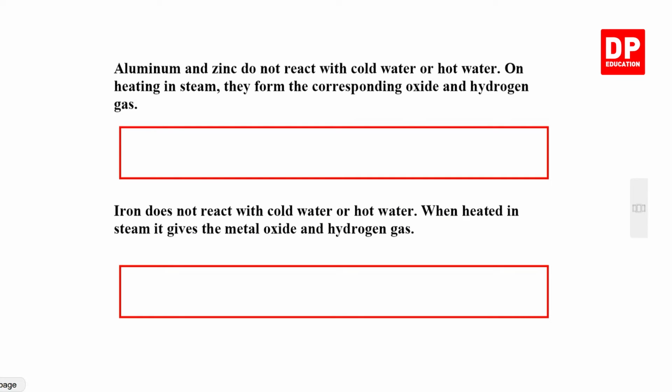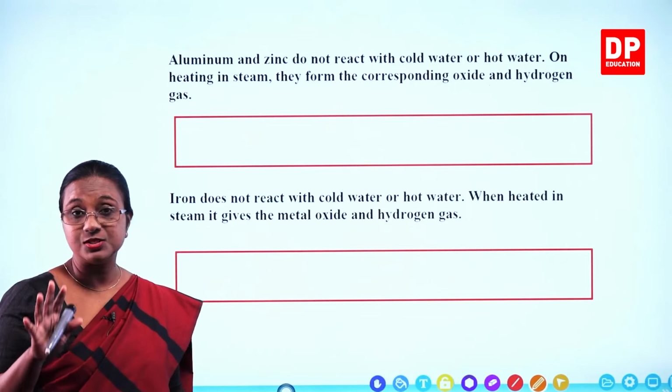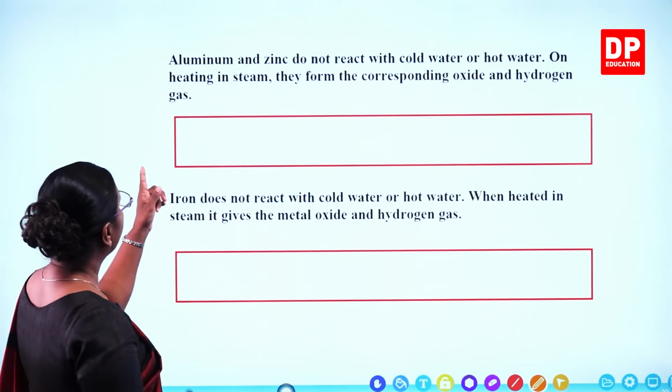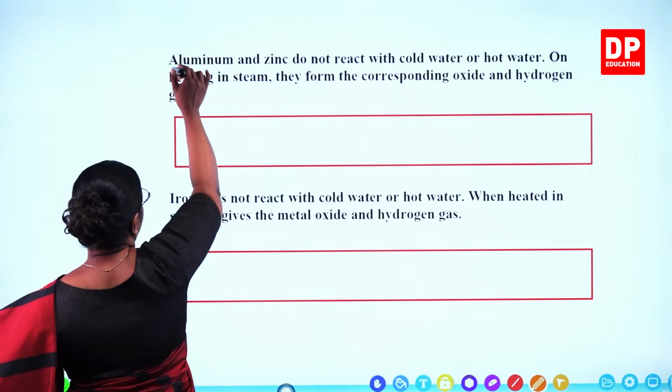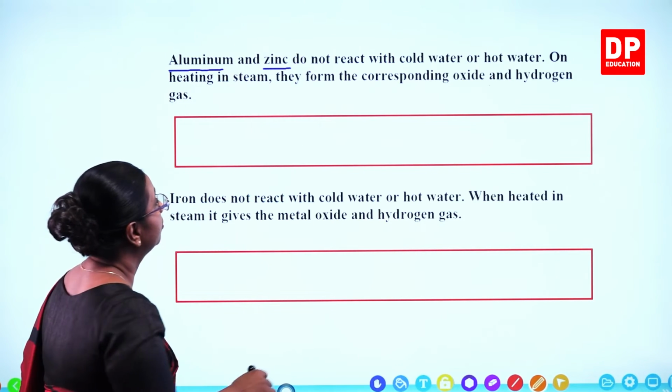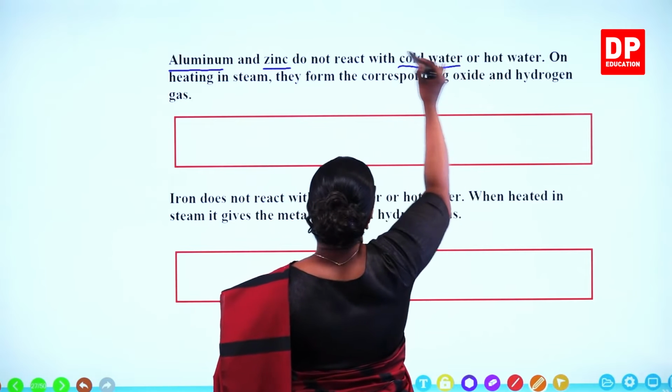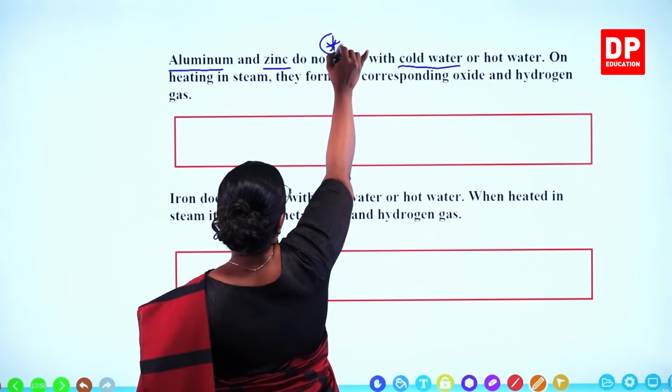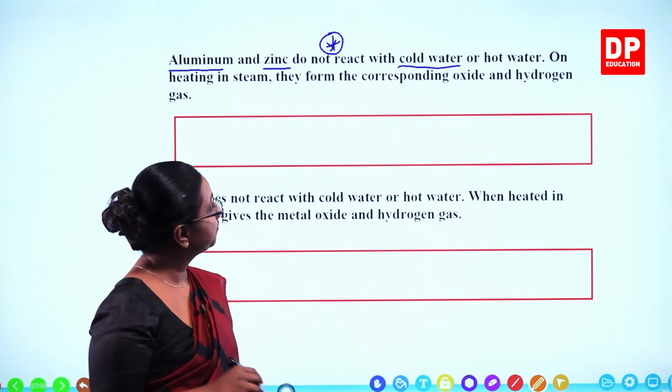So then if we look at other metals, now we are comparing the reaction of metals with water. Aluminium and zinc. Now aluminium and zinc do not react with cold water. So here you have to remember, they also don't react with cold water.